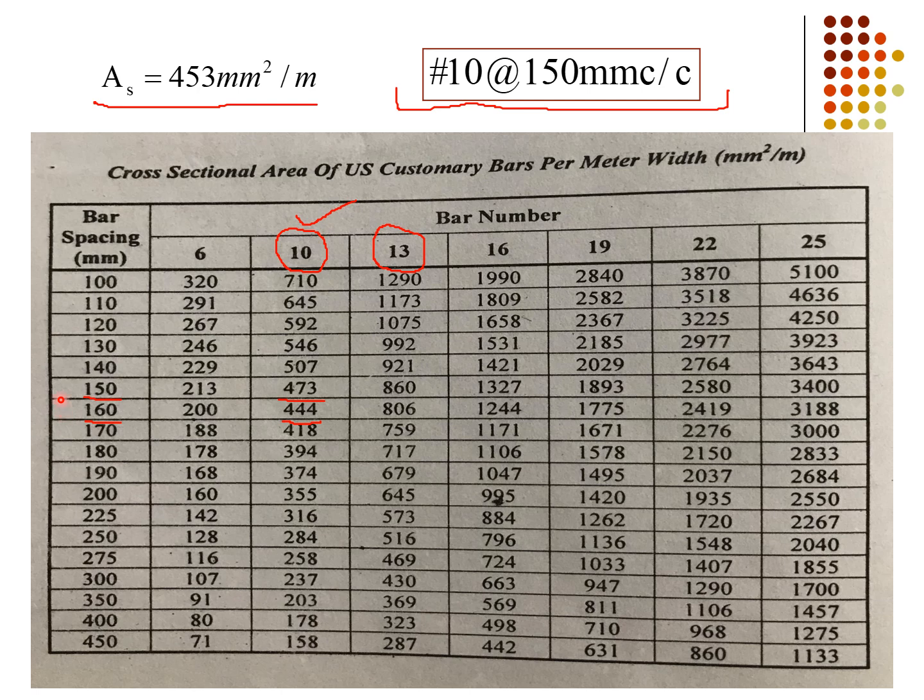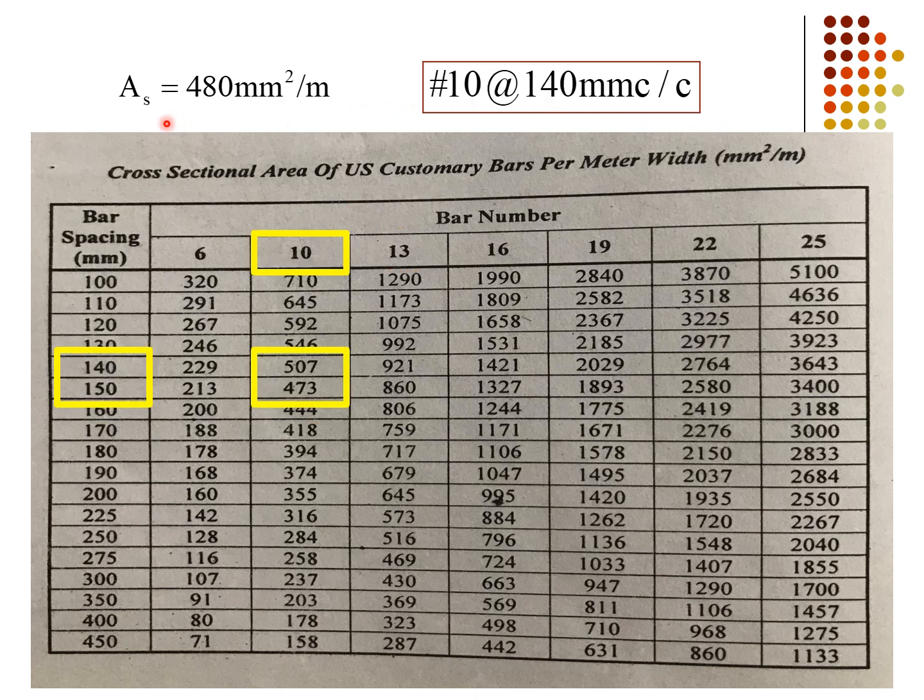But on the conservative side, I can consider 473 and use 150 millimeter spacing. So number 10 at the rate of 150 millimeter center to center. This is how I can get the spacing in between the bars if I know the area of steel in the slab.